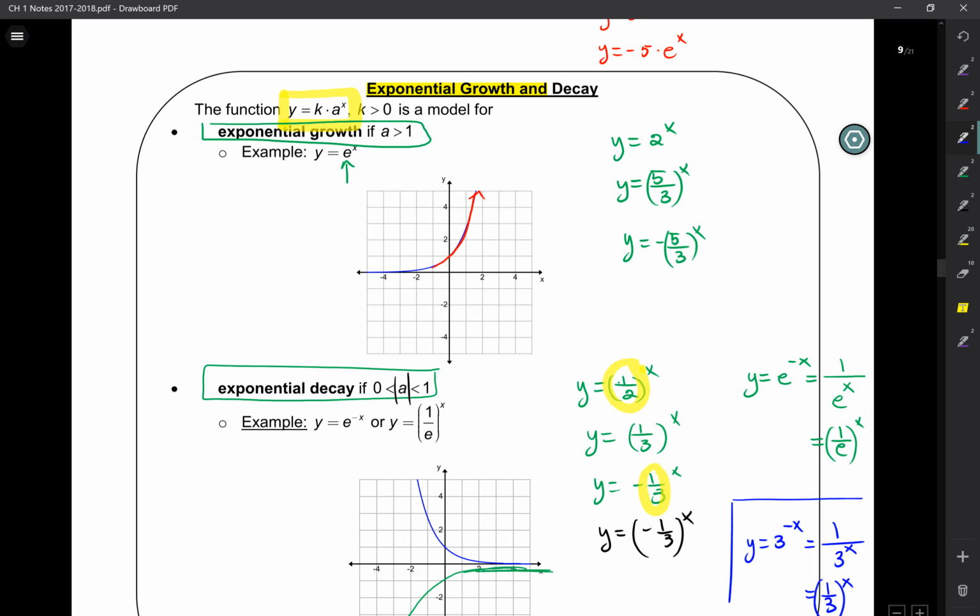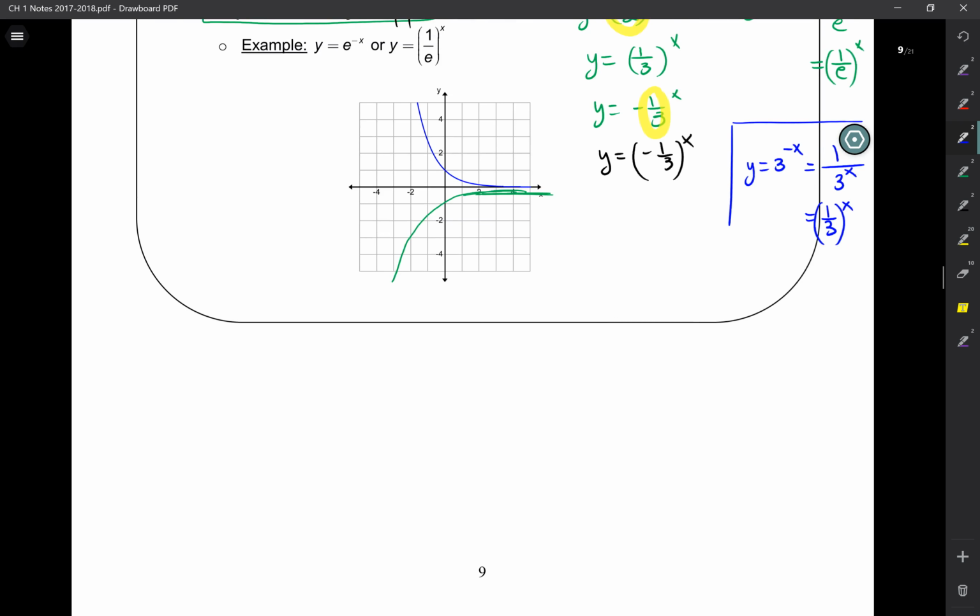So in this case, whether I take 5 over 3 or negative 5 over 3, they're the same. So when you're looking at the base to see if it's greater than 1, you ignore the negative altogether. The only time that the negative cannot be ignored is if it's in the exponent. Okay? Right.